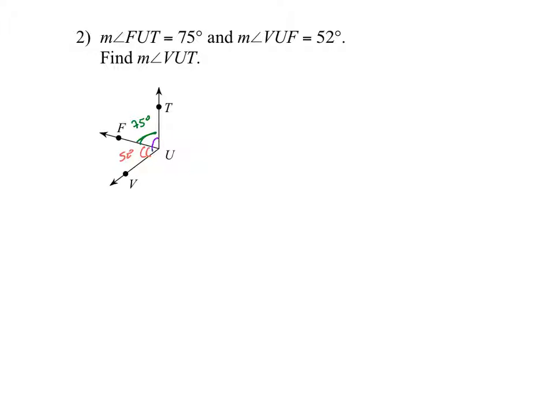So the measure of the entire angle TUV, which is the same as VUT, because as long as I have the vertex in the middle it's the same angle, equals 52 plus 75. So this is 127.